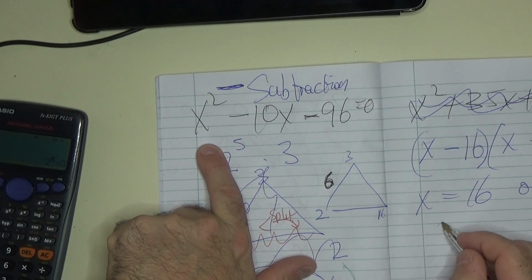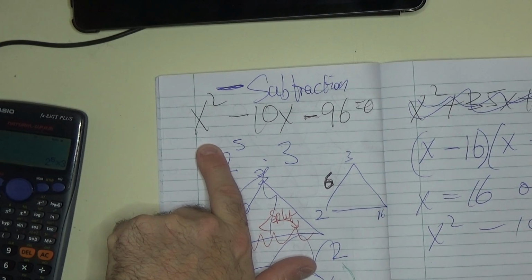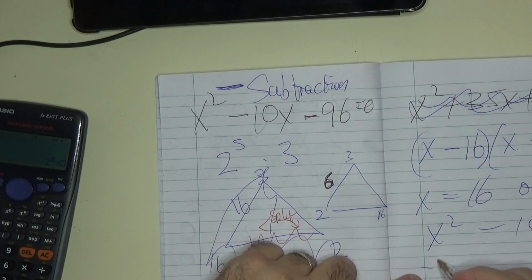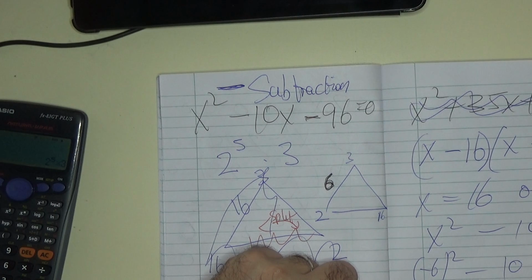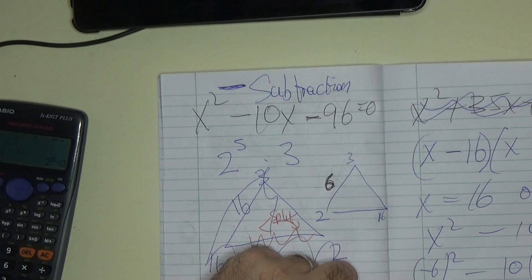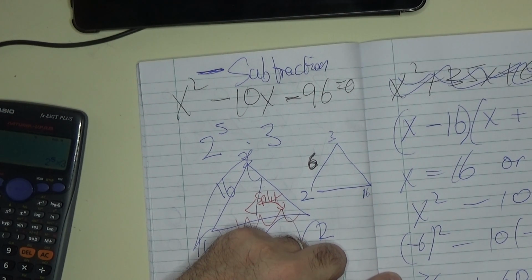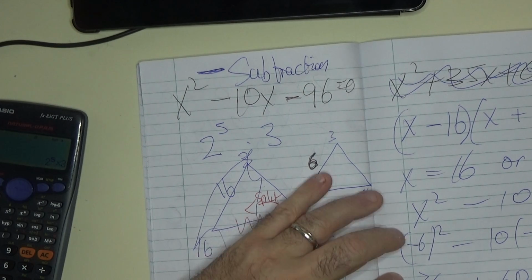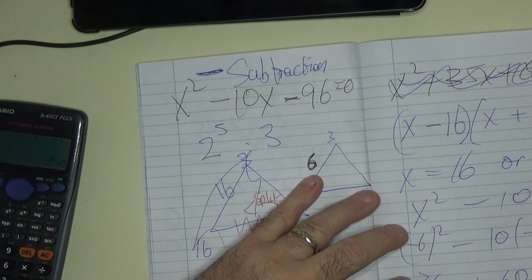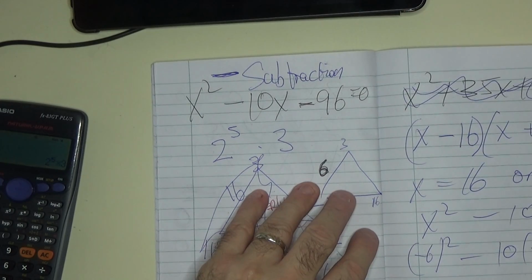Minus 6 squared minus 10 times minus 6 plus 96. 36 plus 60 equal... Yeah, that's minus 96. Minus 96 equals 0, and indeed that's equal to 0, so it's verified.